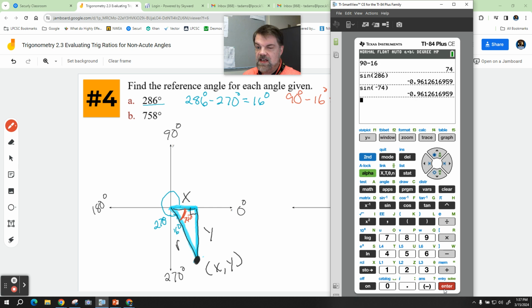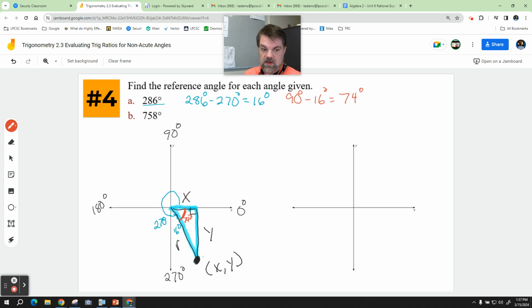And you say, well, why is it negative? Remember that we're going in the negative direction. So it's really negative 90 plus 16, because from here to here is the negative direction, right?